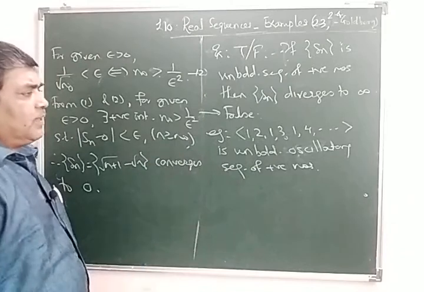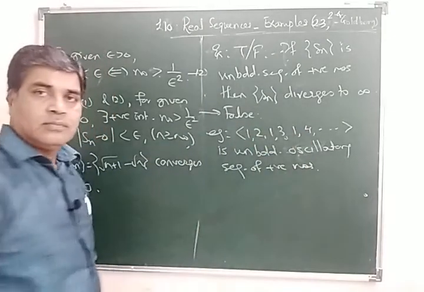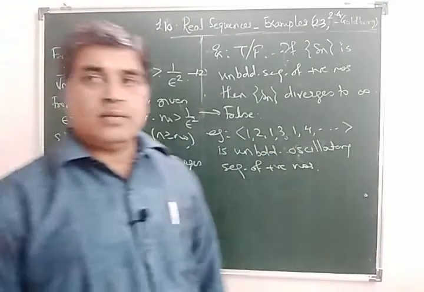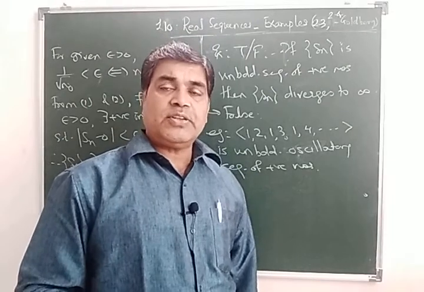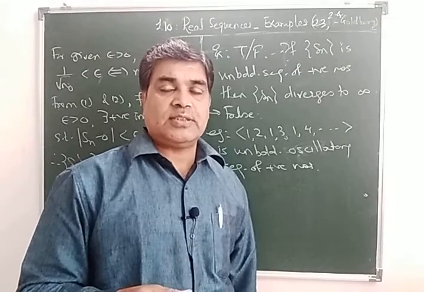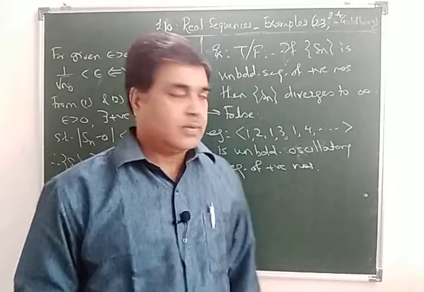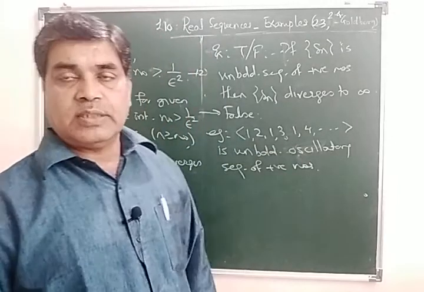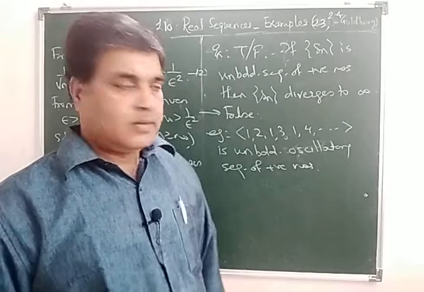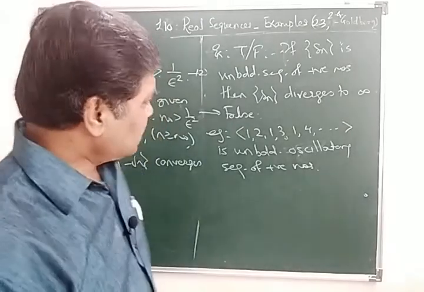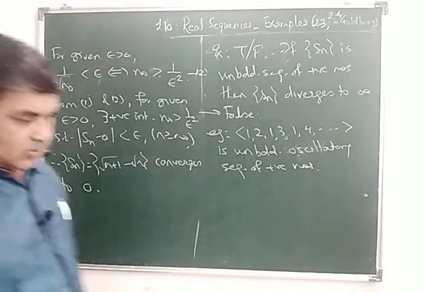As n tends to infinity, you keep getting 1. It means that for a given m greater than 0, you cannot find n naught such that Sn is greater than m for all n greater or equal to n naught. It is impossible because you keep getting 1, if I choose m greater than 1.